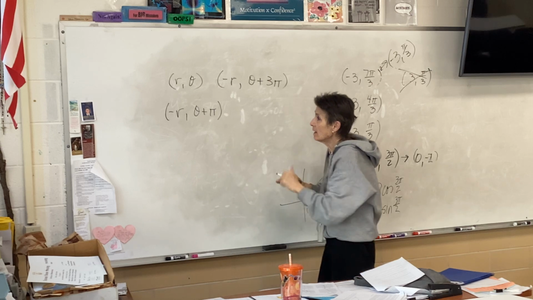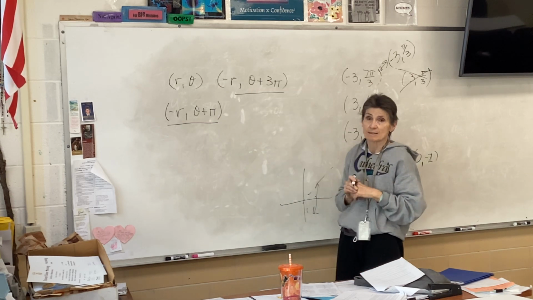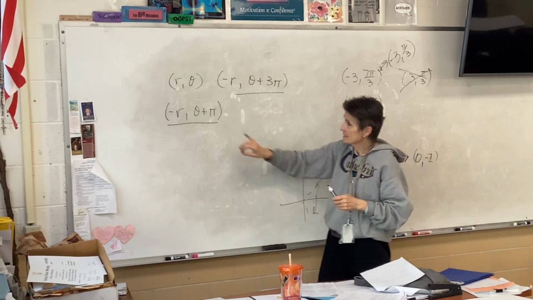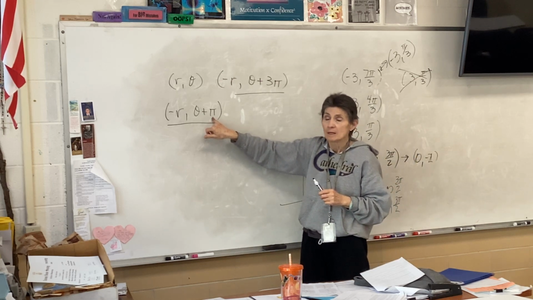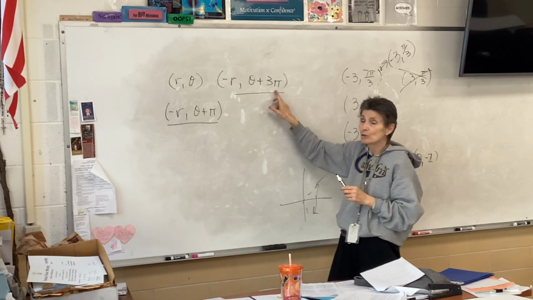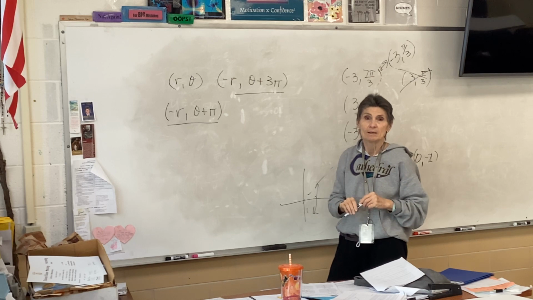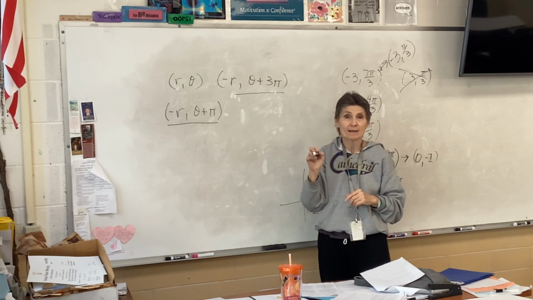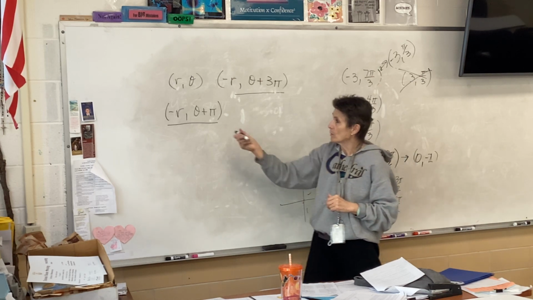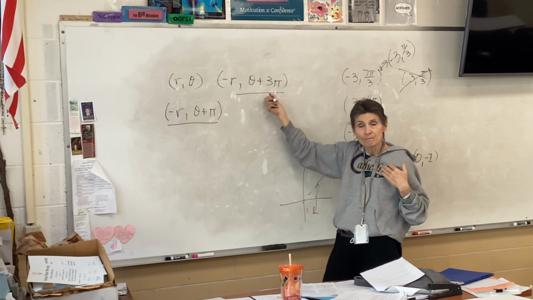Now, tell me about the relationship between this and this. This is adding 1π. This is adding 3π. What does that extra 2π do? Absolutely nothing. Adding 2π brings you back to the very same point. So aren't these two at exactly the same spot?